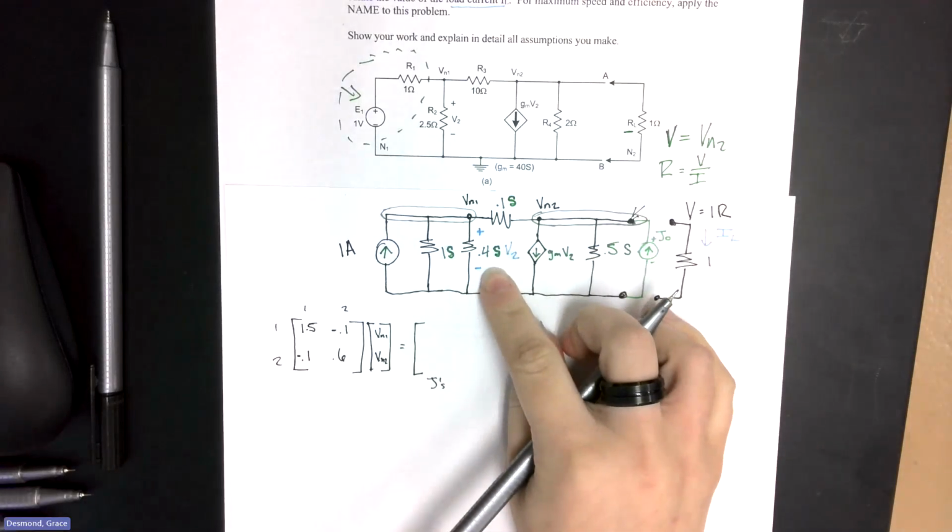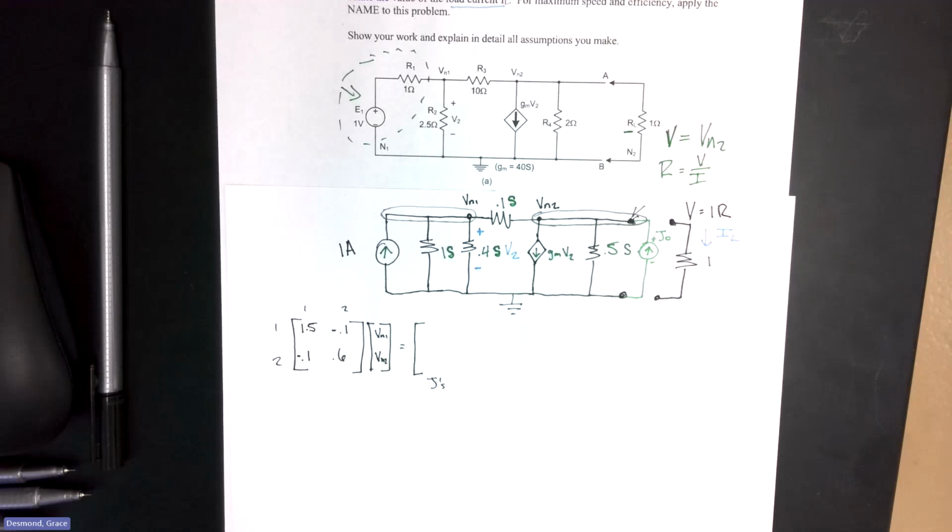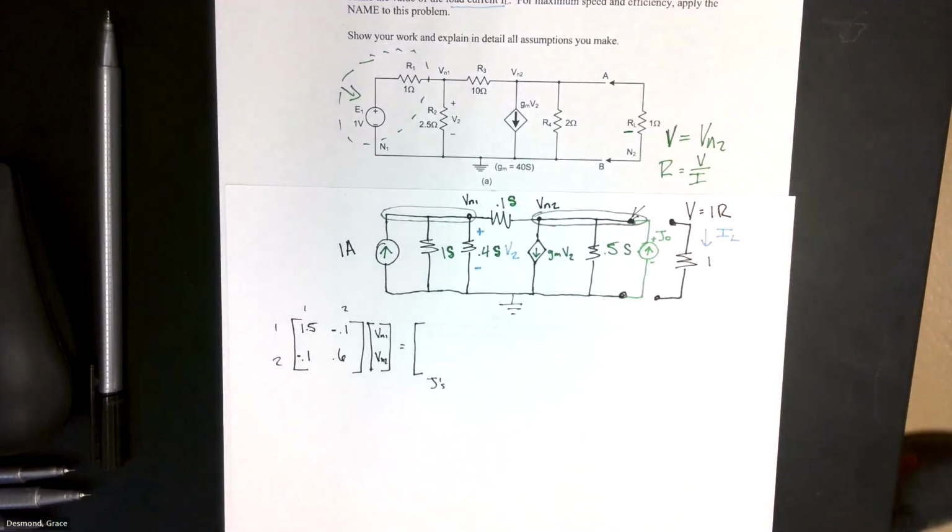So what is the voltage V2 in terms of our known voltages? Well, you want to subtract 0, which is VN1. So you'd be correct. However, we're trying to write it in terms of our variable.